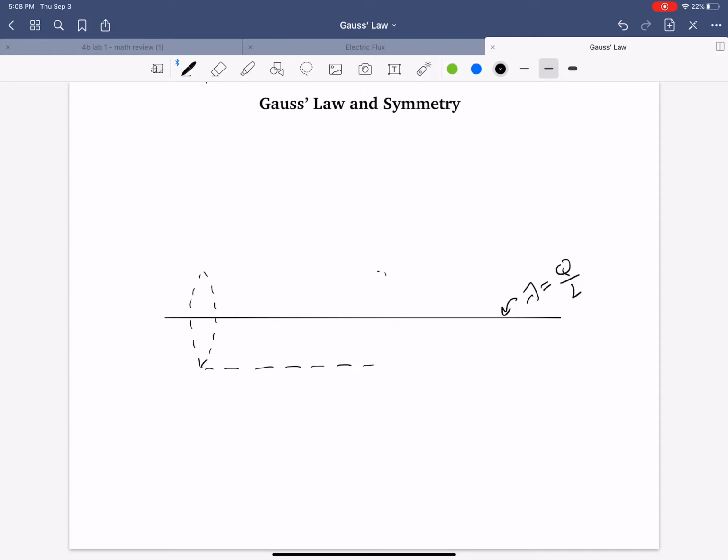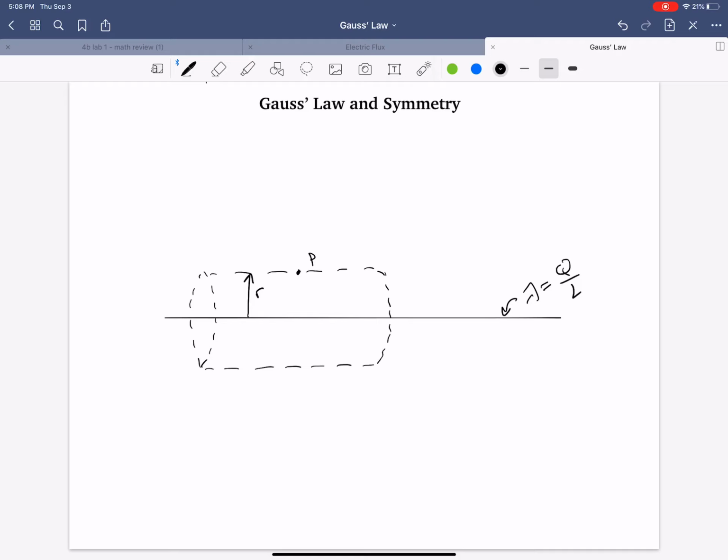And the great thing about Gauss's law is that we don't have to have that Gaussian surface be necessarily the entire length. You can, but you don't have to. Because now if we want to find the electric field, say this far away, it's the radius of that cylinder. What's the electric field at point P?